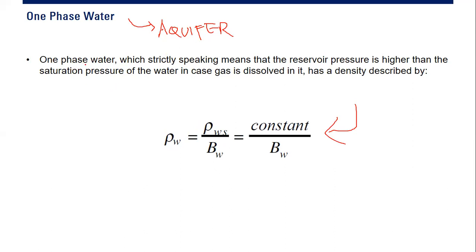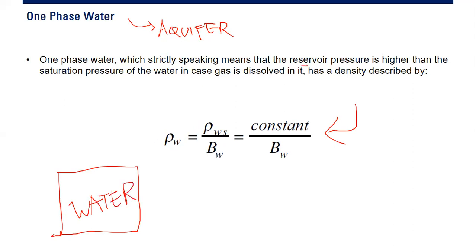So with one-phase water, we only have water. And the reservoir pressure is higher than the saturation pressure. It means gas will be dissolved inside the water. So we only have one phase, water. Gas dissolved, terlarut di dalam water. Jadi kita hanya punya satu fasa. Ya, gas is not free, gas is dissolved in the water. That's if we have a one-phase water system in our simulation.